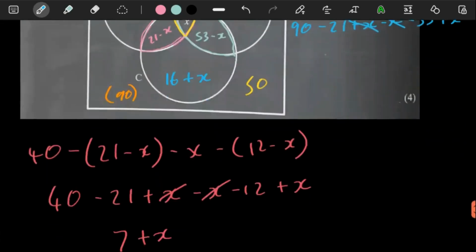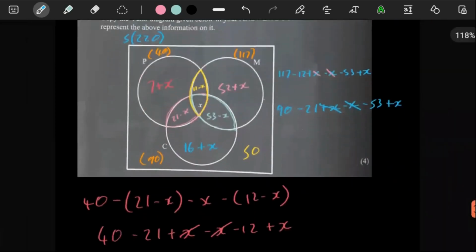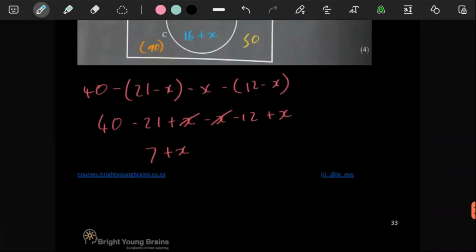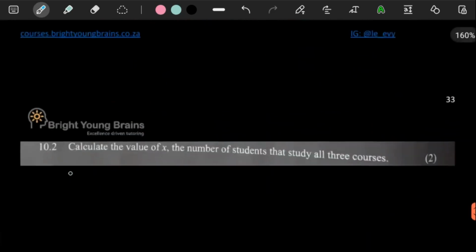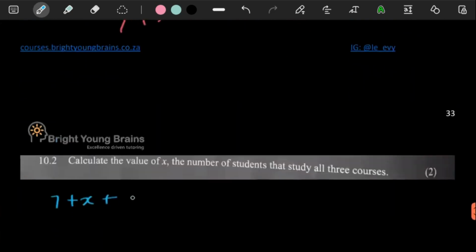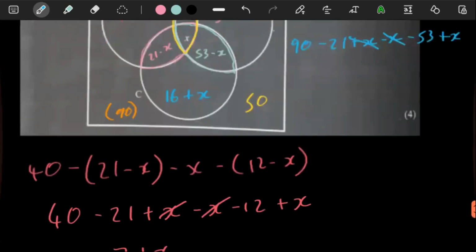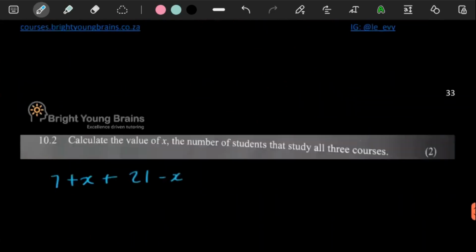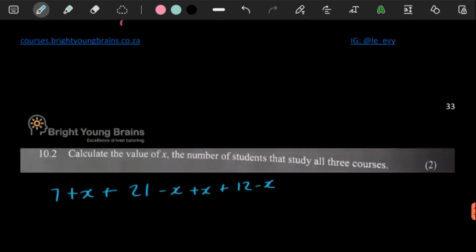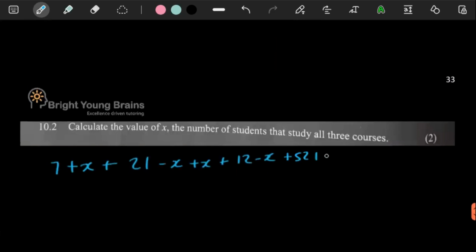x. Now the idea is, carrying on, you need to make sure that you add everything up, including the 50, and you make it equal to 220. So let's do that. You're going to have the 7 plus x, the 21 minus x, the x plus the x here, plus the 12 minus x, plus the 52 plus x.